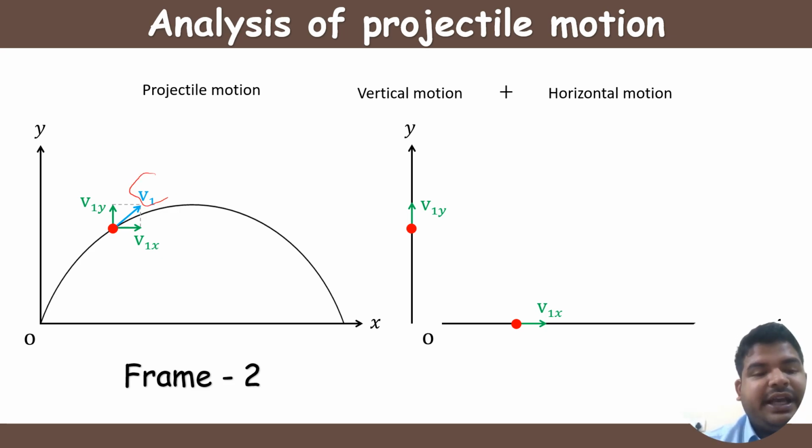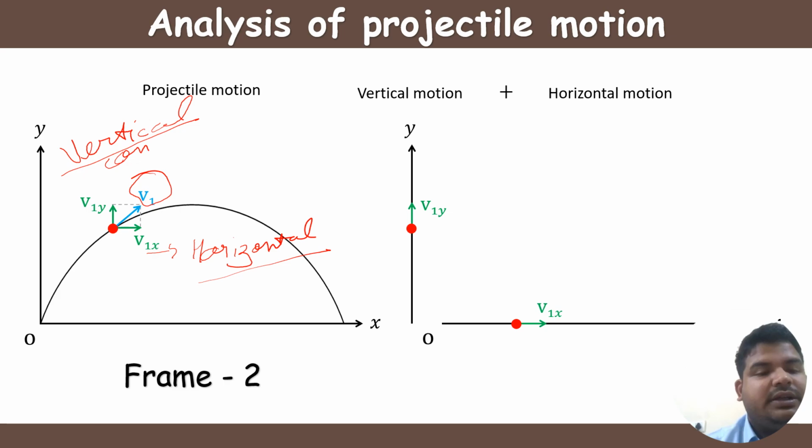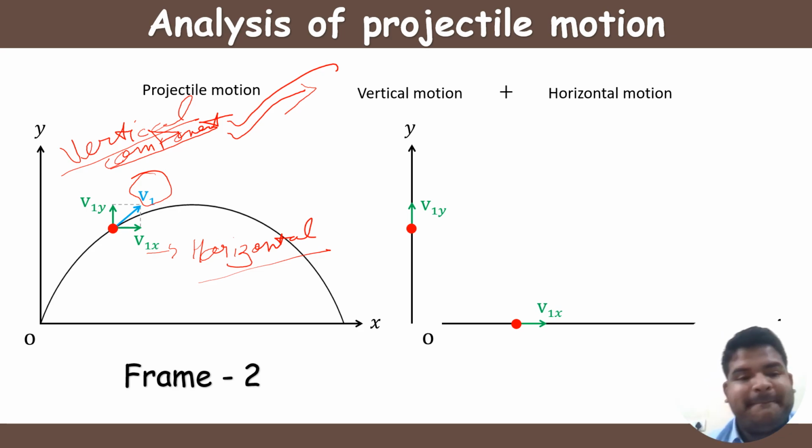See, the velocity has been broken into its horizontal and vertical component. This is Vx and this is Vy. Suppose, how to get the range.